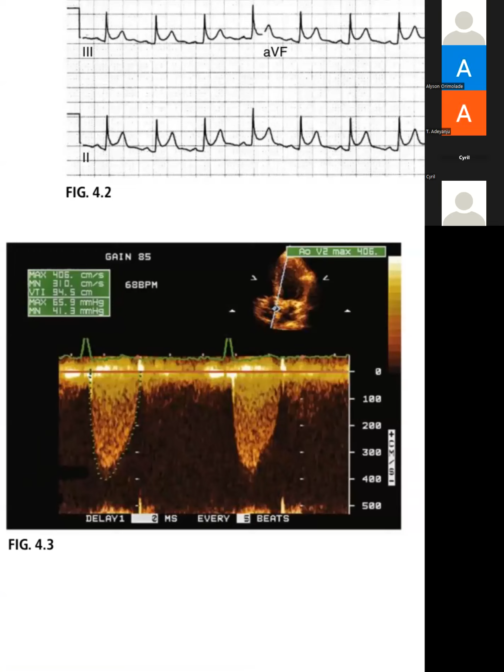Okay, that is the septal leaflet of the mitral valve, pulse wave interrogation. And here we have the tracing below the line, which is approximately about 400.